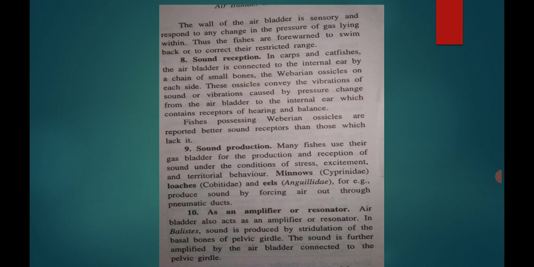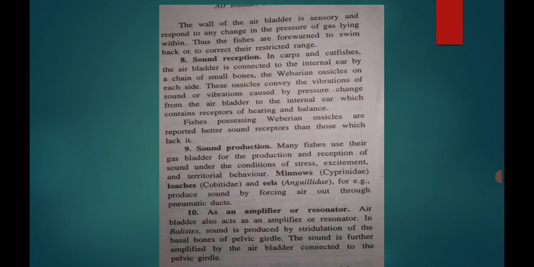Then sound production: many fishes use their gas bladder for the production and reception of sound under conditions of stress, excitement and territorial behavior. In minnows, various Cyprinidae, and eels, Anguillidae, sound is produced by forcing air out through the pneumatic duct. The air bladder also acts as an amplifier or resonator.